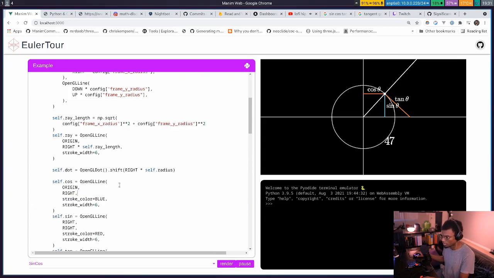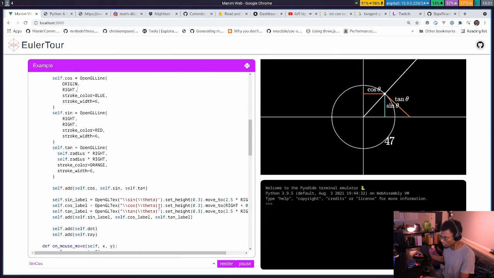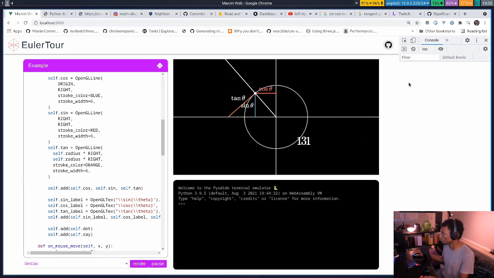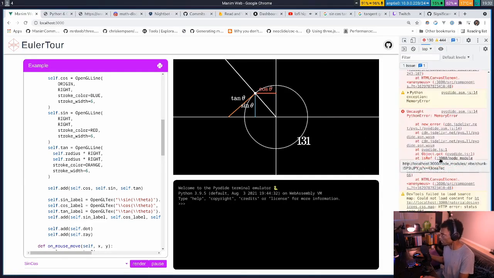I thought I caught it not updating. Well, I made it the wrong color. It doesn't look so bad. Although it crashed, because of a memory error, that kind of makes sense.